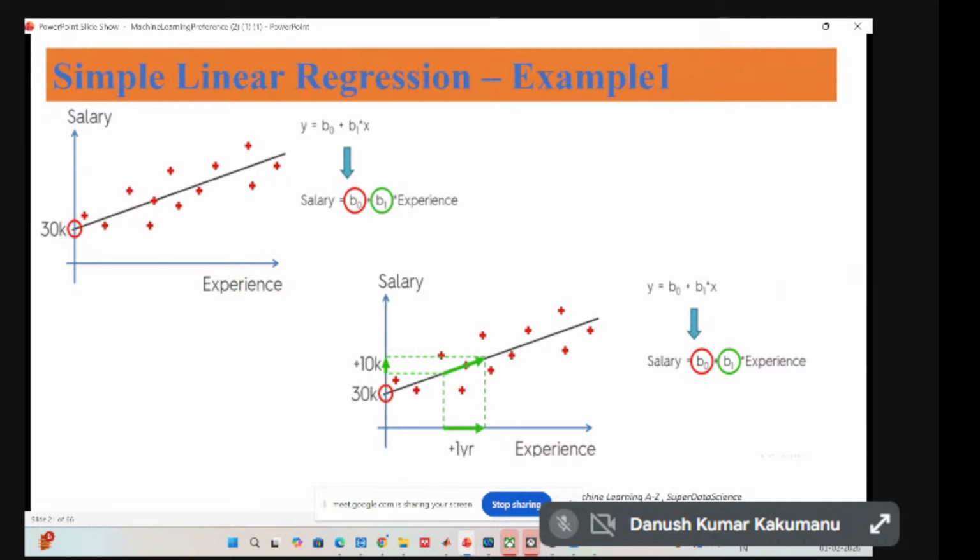B0 is our qualification plus B1 is the normal basic salary they provide, into X, which is your experience. If you have more experience, you will get more salary. That's why salary is represented as the output. B0 is a constant value. B1 is a coefficient which will be multiplied by experience.